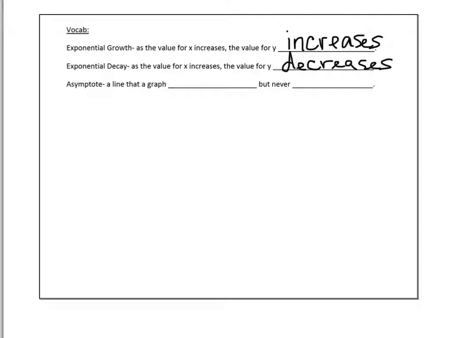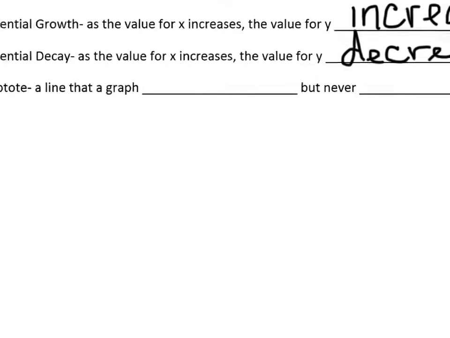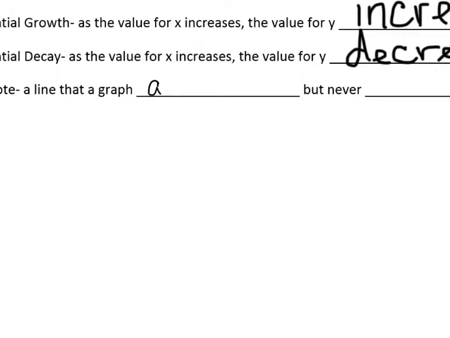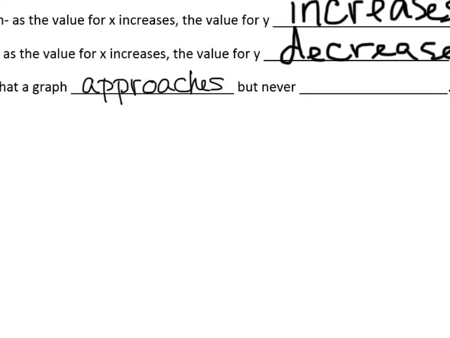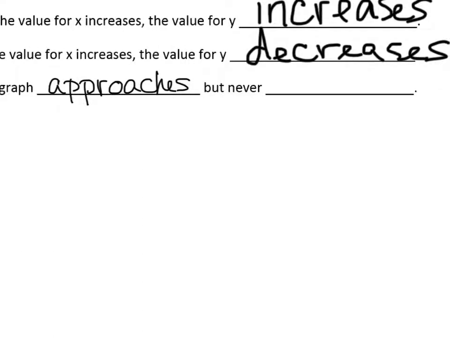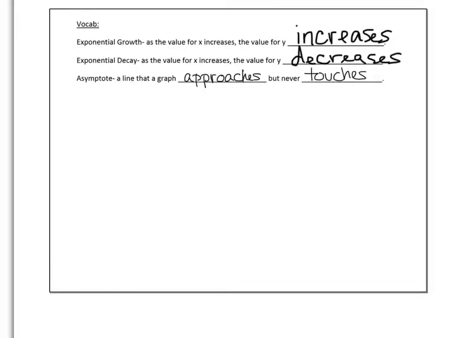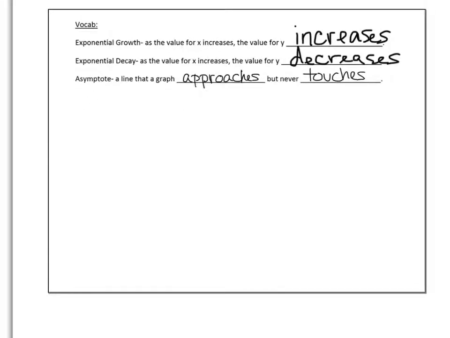And an asymptote, we showed 2 of those lines here, the dotted line. It's a line that the graph approaches, so it gets closer and closer to it. But never touches. So those are your 3 vocab words for today.